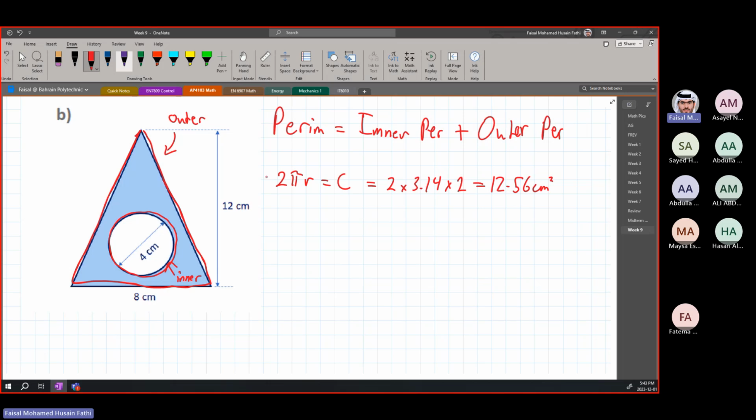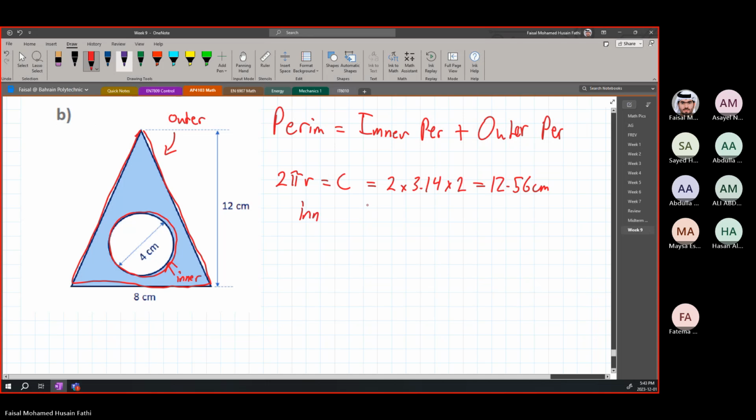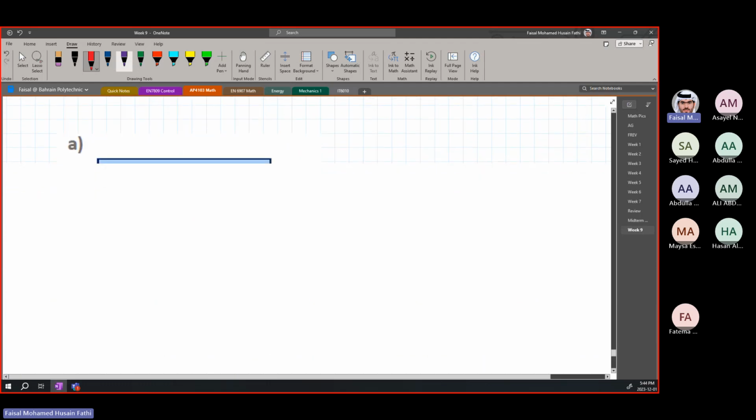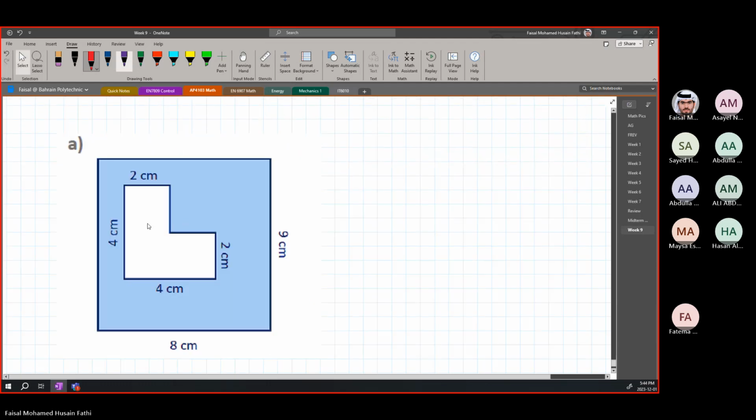This is just the inner perimeter, and it's not squared. Outer is not possible in this case. So you cannot find the total perimeter because you cannot find the outer. Now let's move on to the next question.